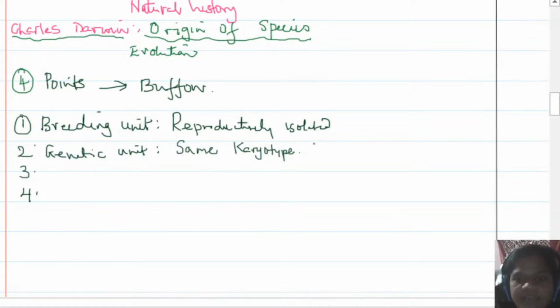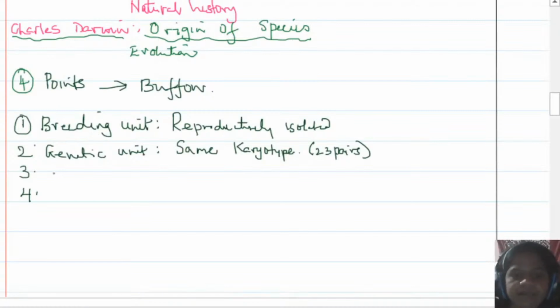Okay, we have 23 pairs. So that means 46. Everybody has the same number of chromosomes. So it is called a genetic unit because all the individuals have the same karyotype or the same number of chromosomes or the DNA, how it is placed.